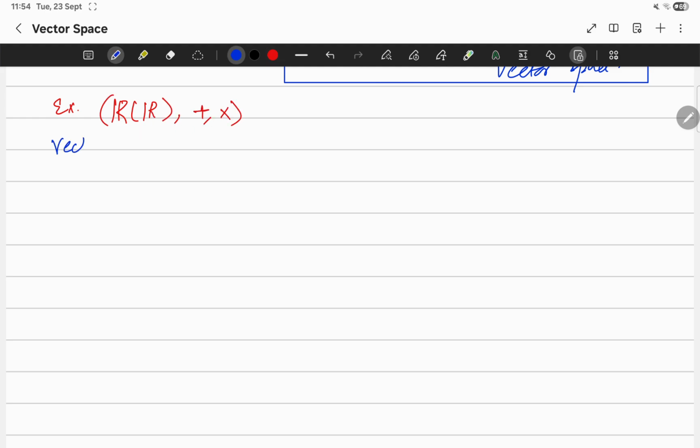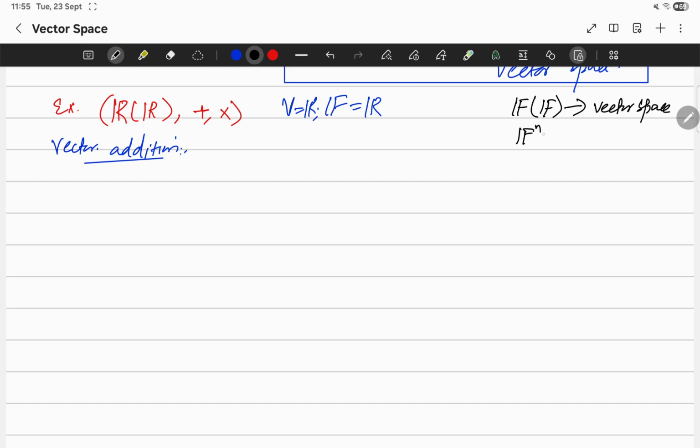So let's say the vector addition: the field is our R and V is our R. Actually, you have to remember that if you have a field F, then F over F is always a vector space. Even F^n over F is always a vector space. But you have to remember that it should be a field. Since F is a field, R over R will be a vector space.